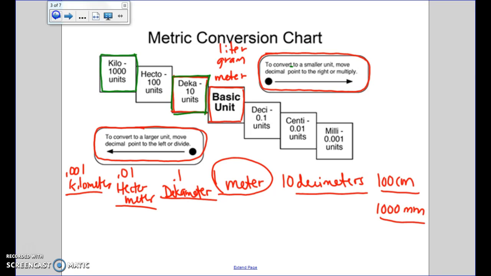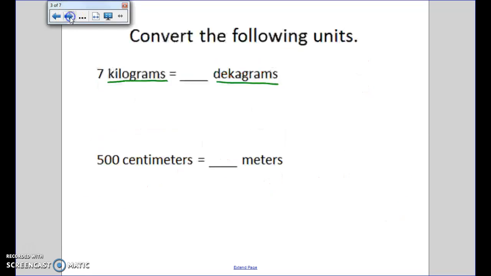We are converting to a smaller unit. We have a big unit and we're converting to a smaller unit. So we're going to move the decimal place to the right in this case. And that is exactly 2 decimal places to the right. So if I'm starting with 7, and I know the decimal place is here, I need to move it 2 places to the right. And for zeros, I need placeholders, so that would be 700 decagrams.